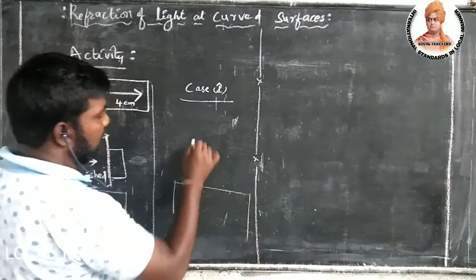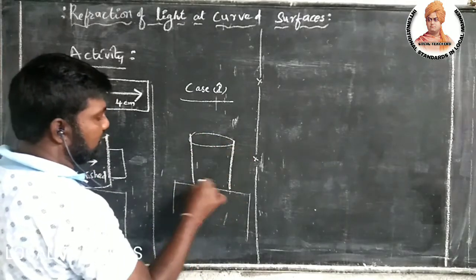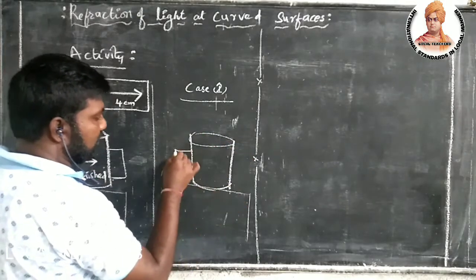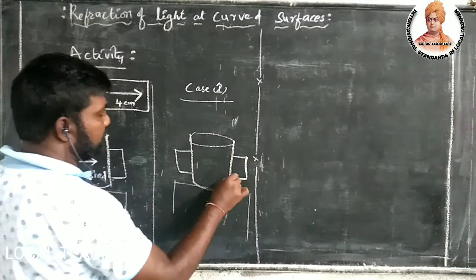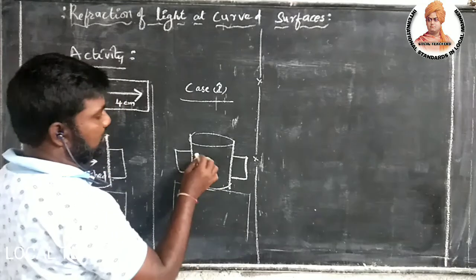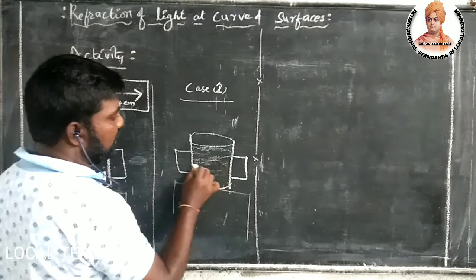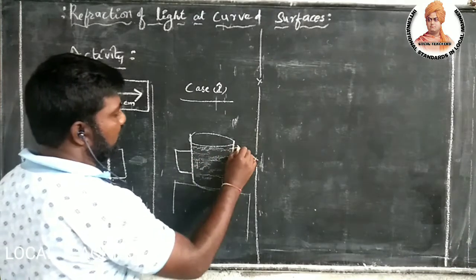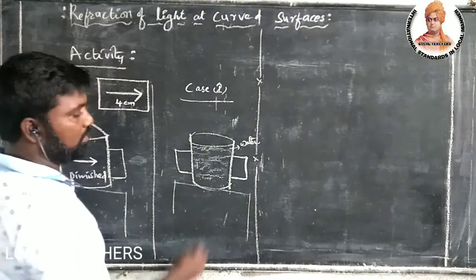Okay. So while coming to the second case, the same arrangement we have taken: the empty transparent vessel, and we placed the same paper at the back of the vessel. But here the difference is that we filled this vessel with water.